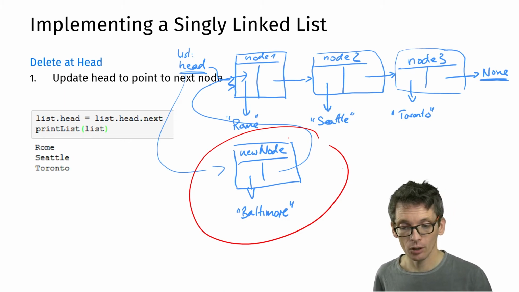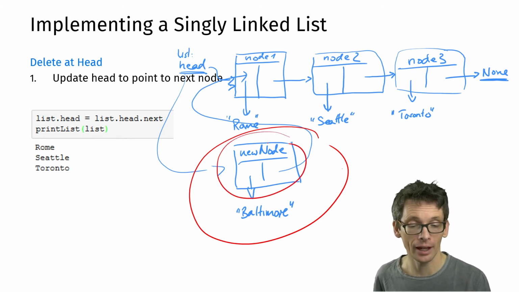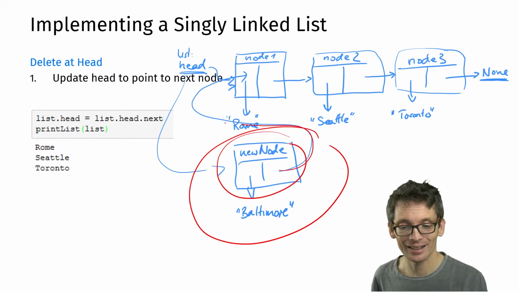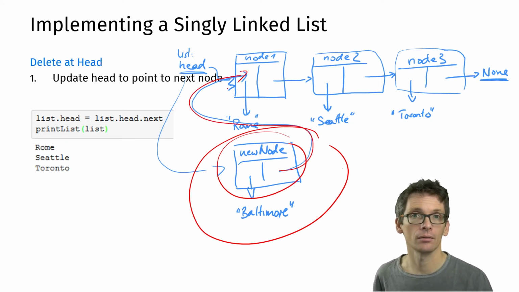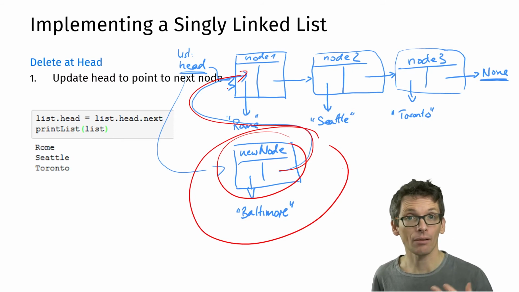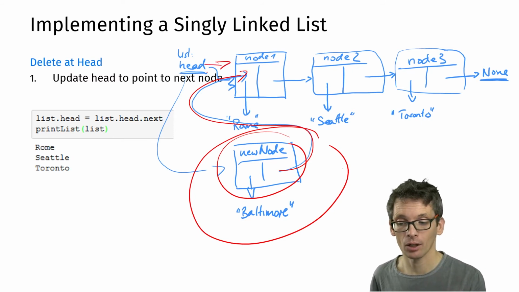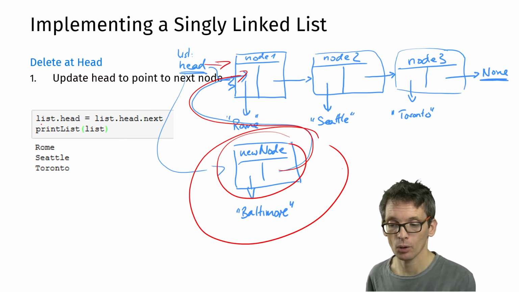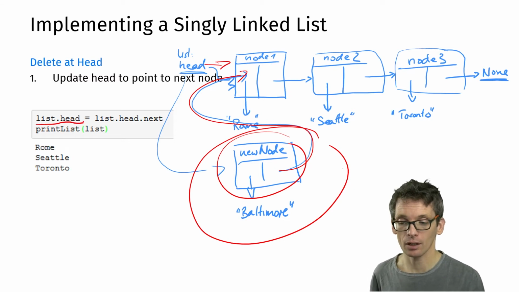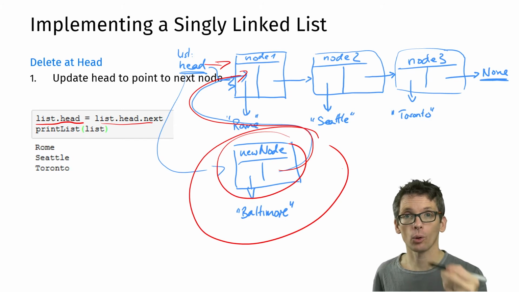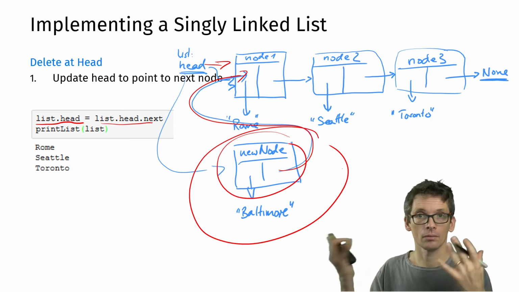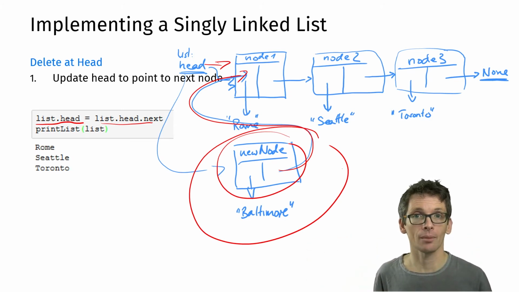We just look at the old head, look at its next node, and whatever that is, we set that to head. So we set the head of the list to the next of the old head of the list. And in this way, we remove the first element.